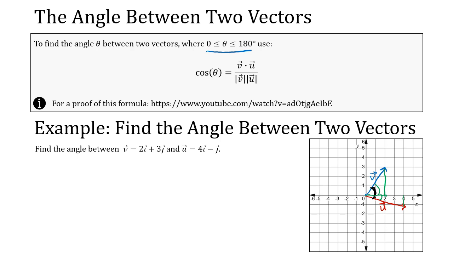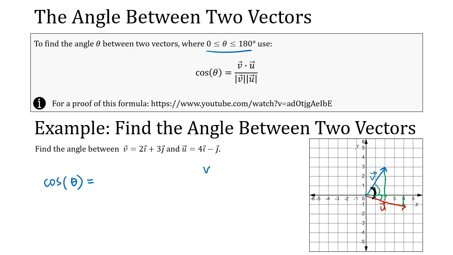So let me show you how this is going to work. This formula says that the cosine of an angle is going to equal the dot product. So what is the dot product of these two vectors? Let me just do this off to the side.